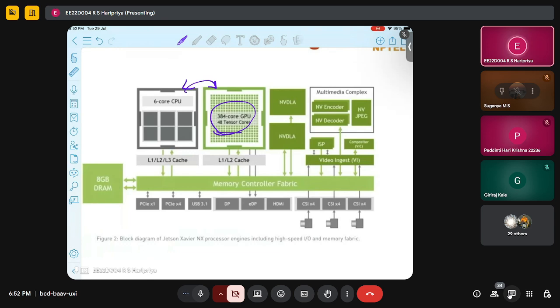Now it is completely in an embedded type. Say the Jetson Xavier NX processor engine also requires a high speed IO and memory fabric.